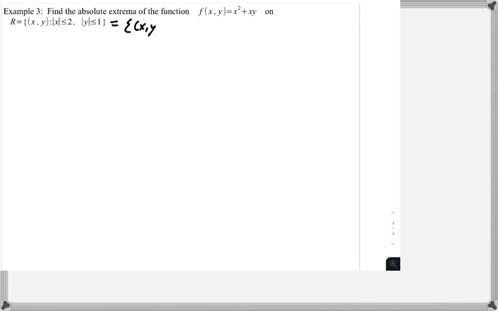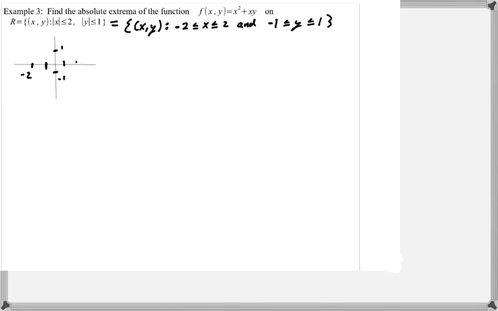So we could translate this as the set of all x comma y such that negative 2 is less than or equal to x, which is less than or equal to 2, and negative 1 is less than or equal to y, which is less than or equal to 1. If we draw that region, we're just looking at a rectangular region.